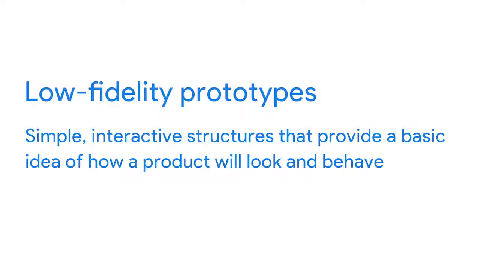I mentioned that prototypes are intended for testing our product ideas before we produce the real thing. Prototypes are broken down into 2 categories, low fidelity and high fidelity. Low-fidelity prototypes are simple, interactive structures that provide a basic idea of how a product will look and behave.